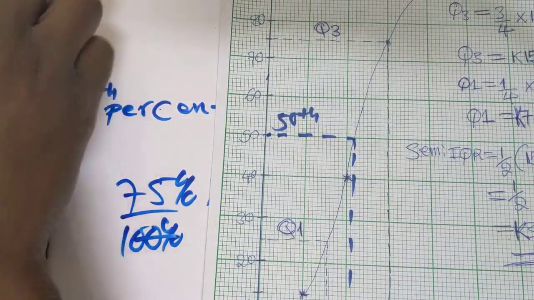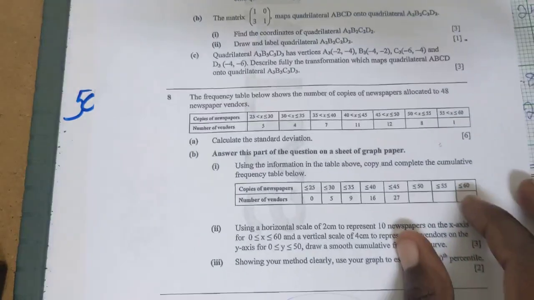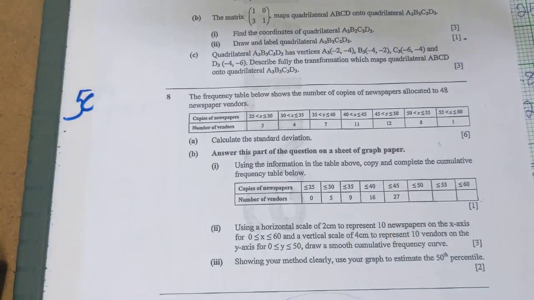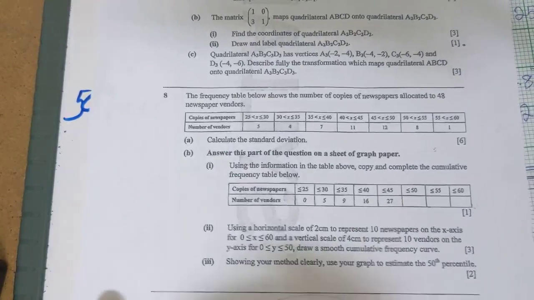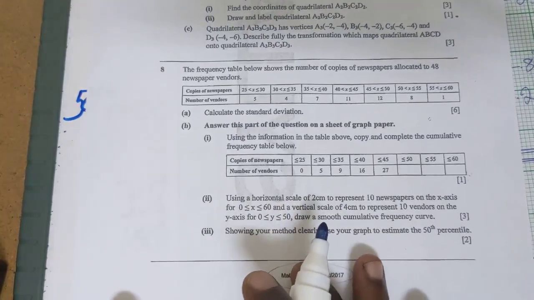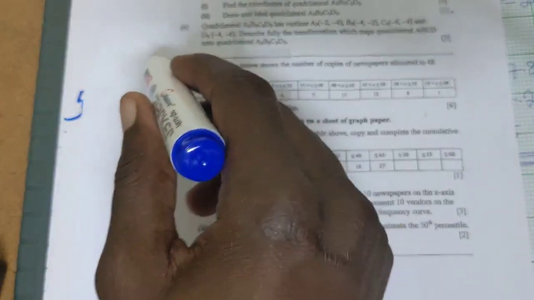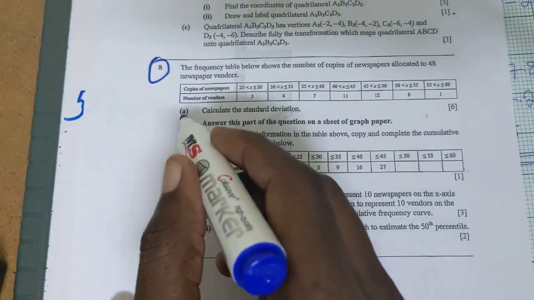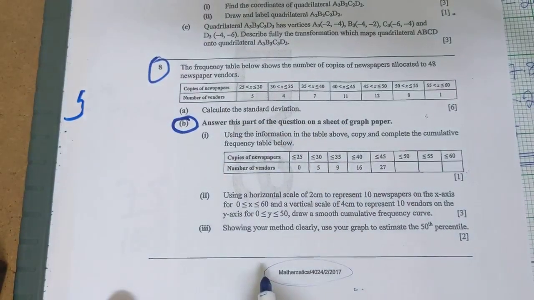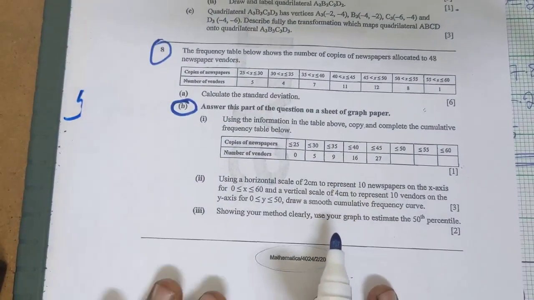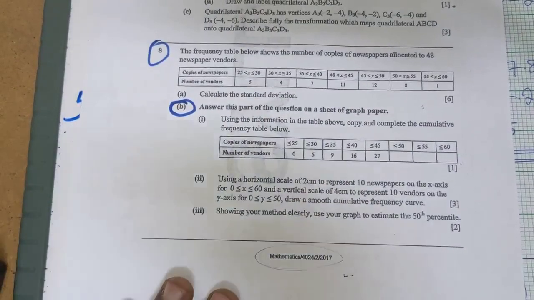So this is the question that you have here. I want you to find this. You are going to find question 8, now part B, just the B part. You use your graph.